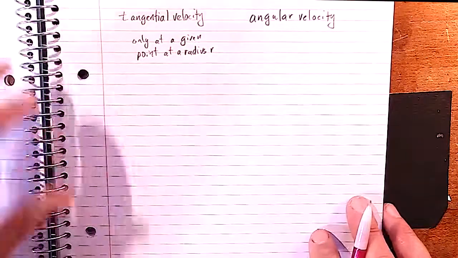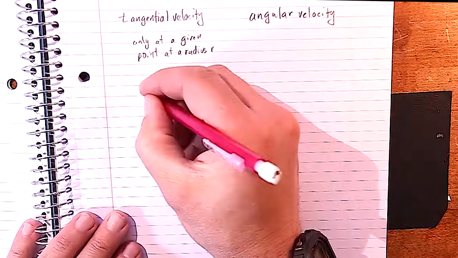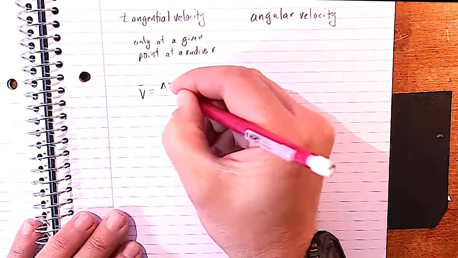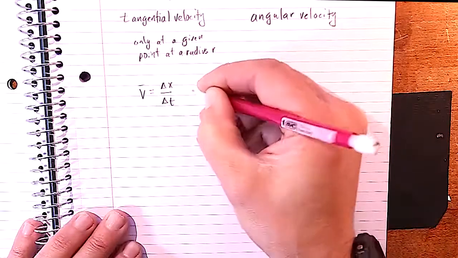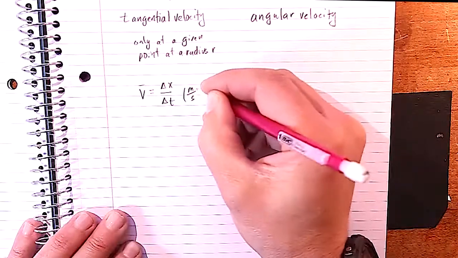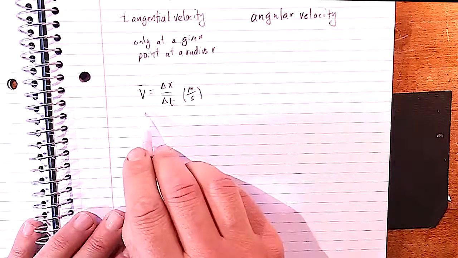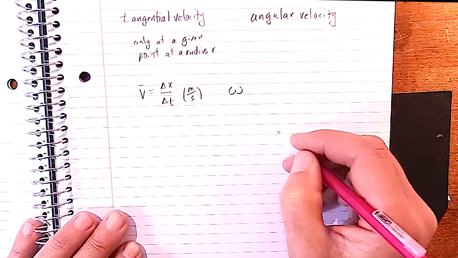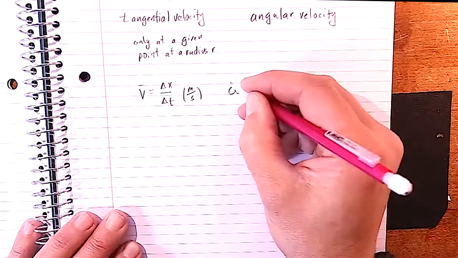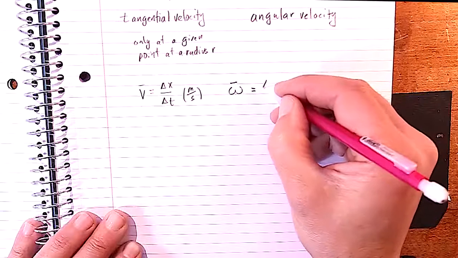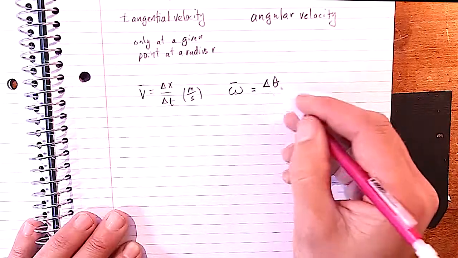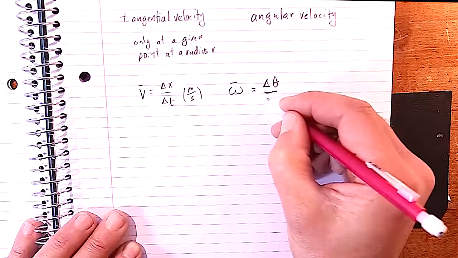So what is our formula here? We're going to say that V average is equal to delta x over delta t, and our units would be meters per second. So that's going to be tangential. Angular velocity, we use the lowercase omega, and that's going to be average in this case. And we use theta as our position change over time.